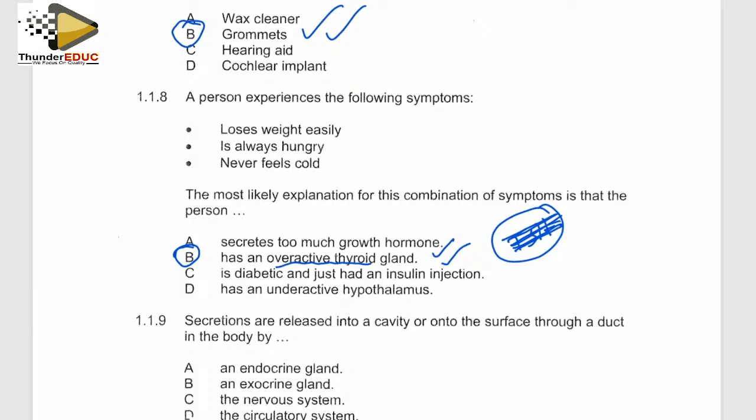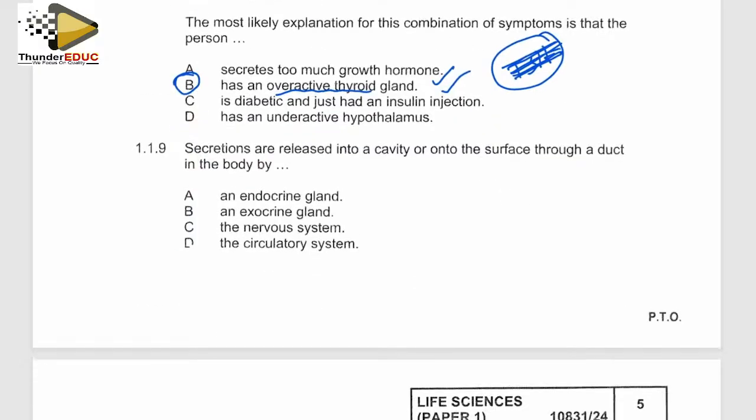If the metabolic rate is too high, you are using up the food you have had in the body, so you are losing weight. You're always hungry because the food is being used up at a very high speed, and you never feel cold because too much heat is produced as a result of metabolism. So the answer becomes B.